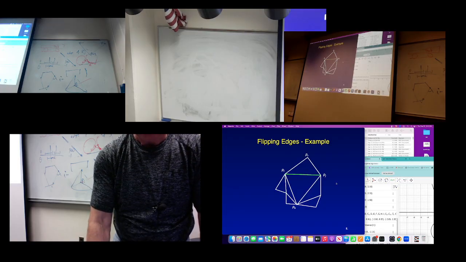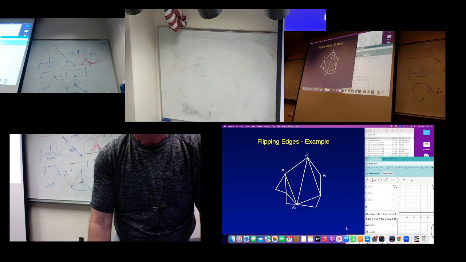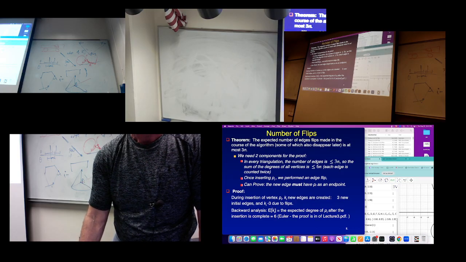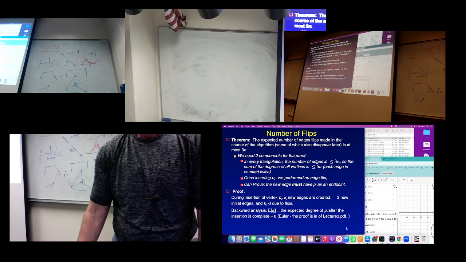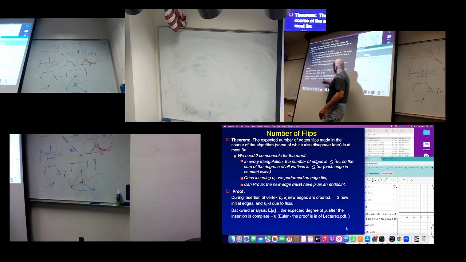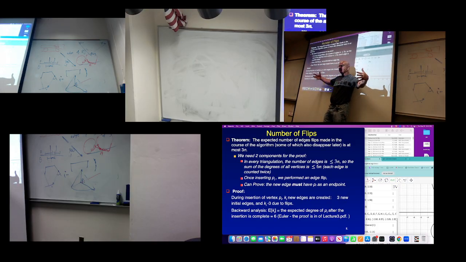And we went through this example and we got to the conclusion: what is the average number of flips? Well, what would be the average degree of a vertex? Look at all the vertices and ask P1, what is your degree?